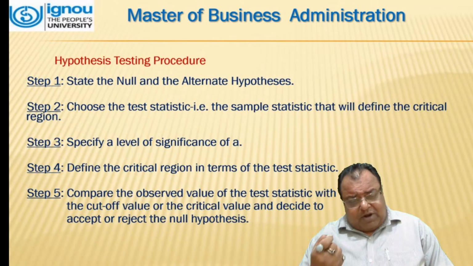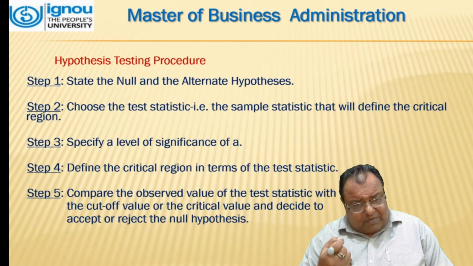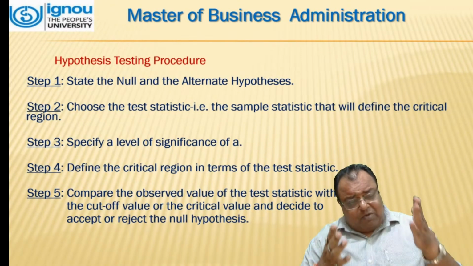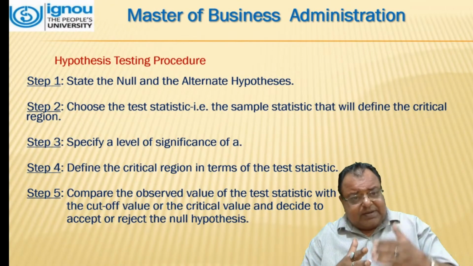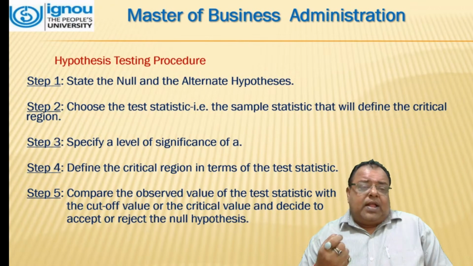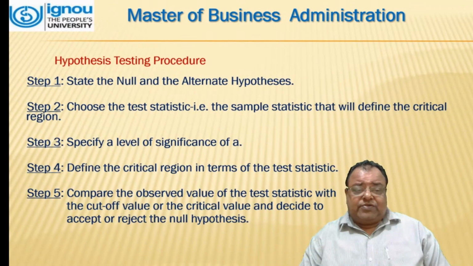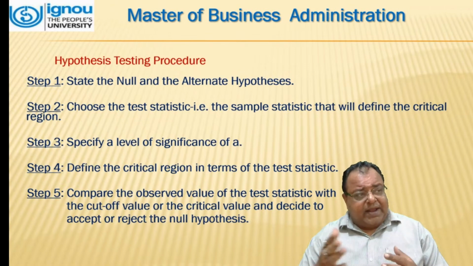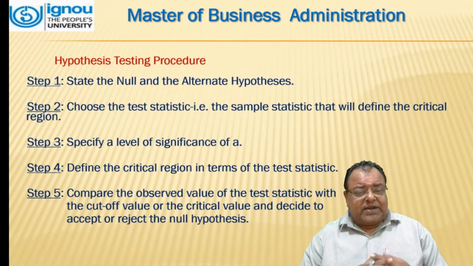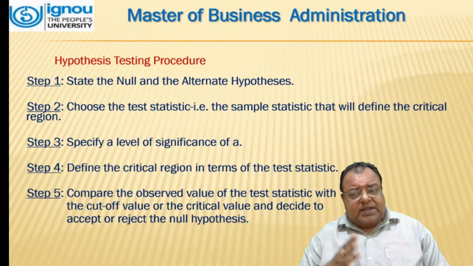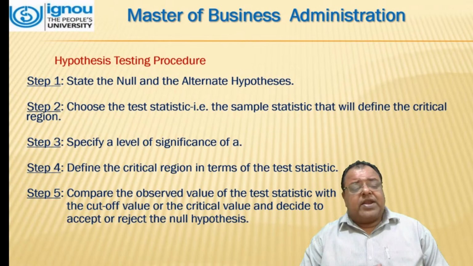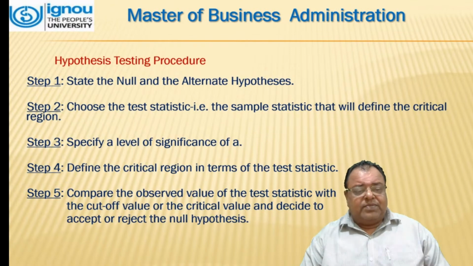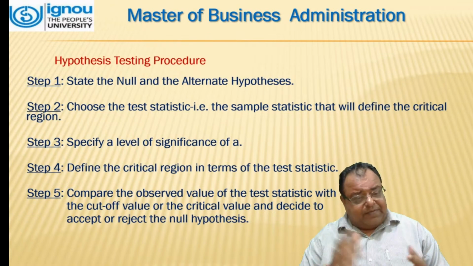Now I will tell you what the actual procedure is when a problem is given to us, and how it goes step by step. Step one is to state the null and alternate hypotheses, H0 and H1. Two, we choose the test statistic, that is, the sample statistic that will define the critical region. Three, specify the level of significance, that is the value of alpha.